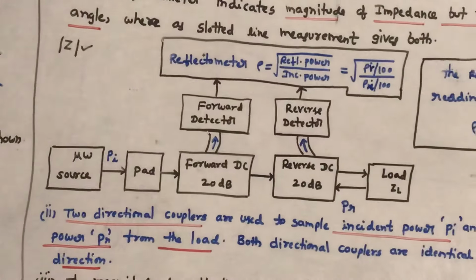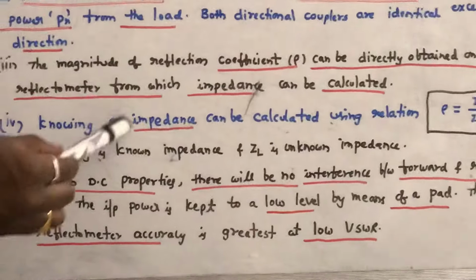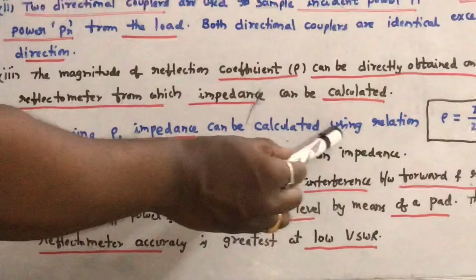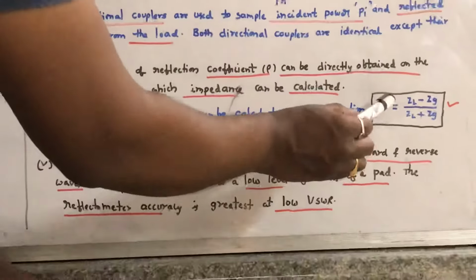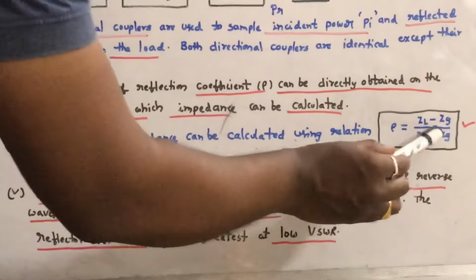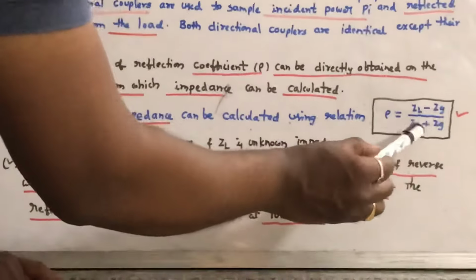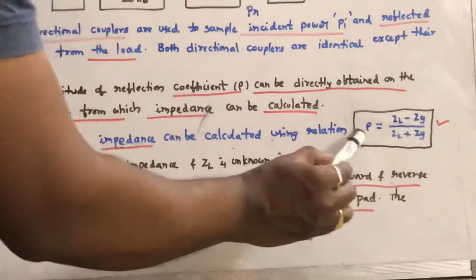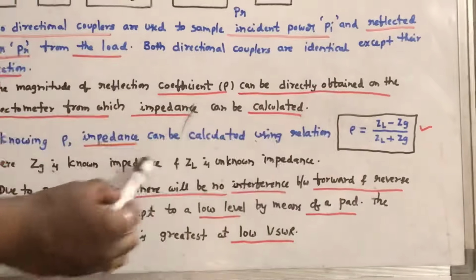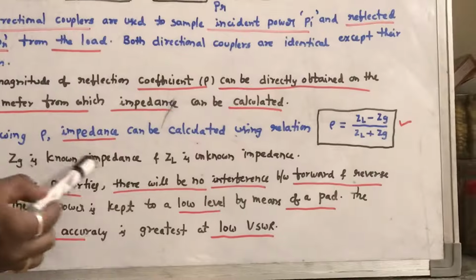Now, since the reflectometer gives rho, the magnitude of reflection coefficient, the impedance can be calculated using the relation. As you know, the reflection coefficient is ZL minus ZG by ZL plus ZG, and generally we write characteristic impedance, but here ZL minus ZG by ZL plus ZG. This is the reflection coefficient formula, where ZL is the unknown impedance and ZG is the known impedance.